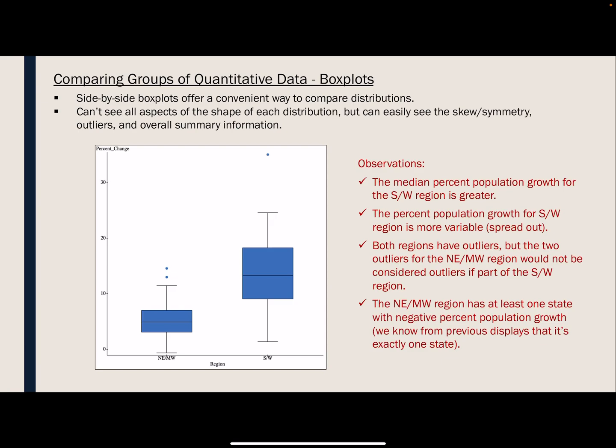So these are side-by-side box plots, and I want to first go through and just discuss what a box plot shows, and then we'll talk about actually comparing these two box plots. So I'm going to look at the Southwest region here, and when you're looking at a box plot, the box part is made up of Q1 and Q3.